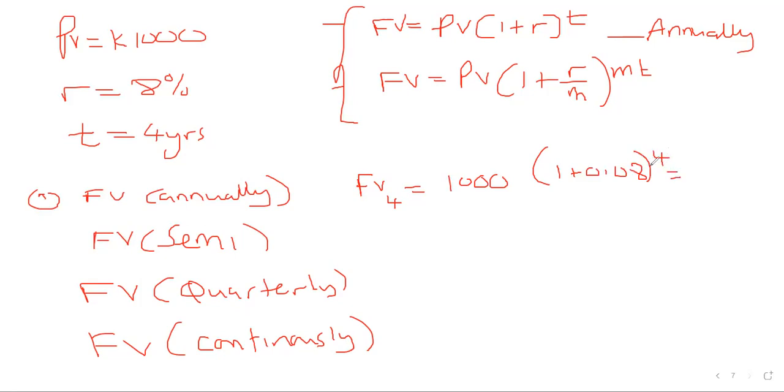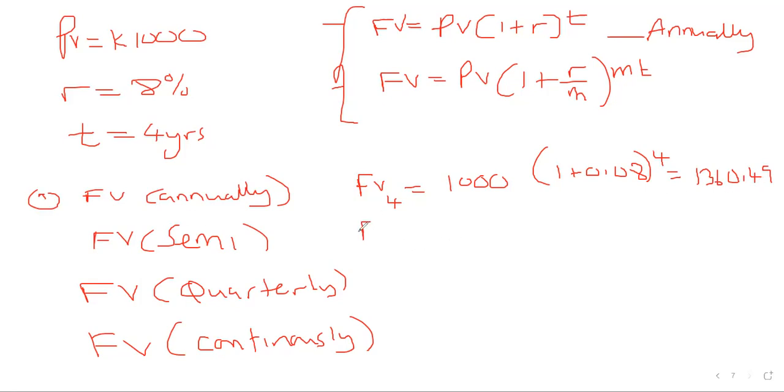So 1.08 to the power 4 times 1,000 will give you 1,360.49. This is people's money, so you need to ensure you indicate that. So we're going to have 1,360. Of course, the 360 is the compound interest, but the future value is 1,360.